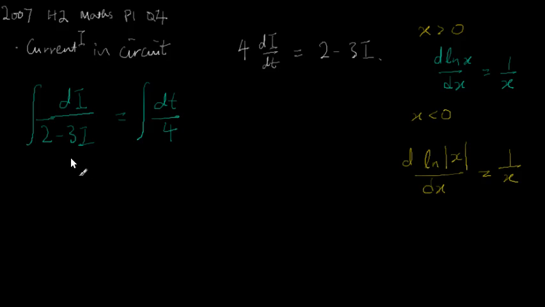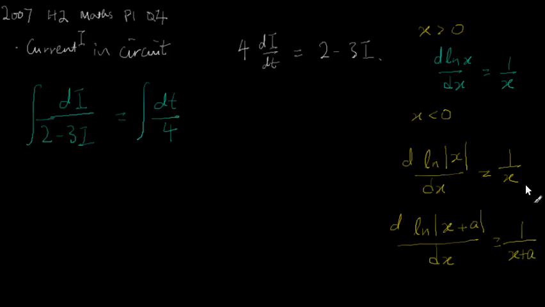But we can make things a lot easier if we think of another form of this differentiating of log x. If I imagine, for example, I have instead log modulus of x plus a constant, for example, a fixed number a, then if I differentiate this, I would get 1 over x plus a.